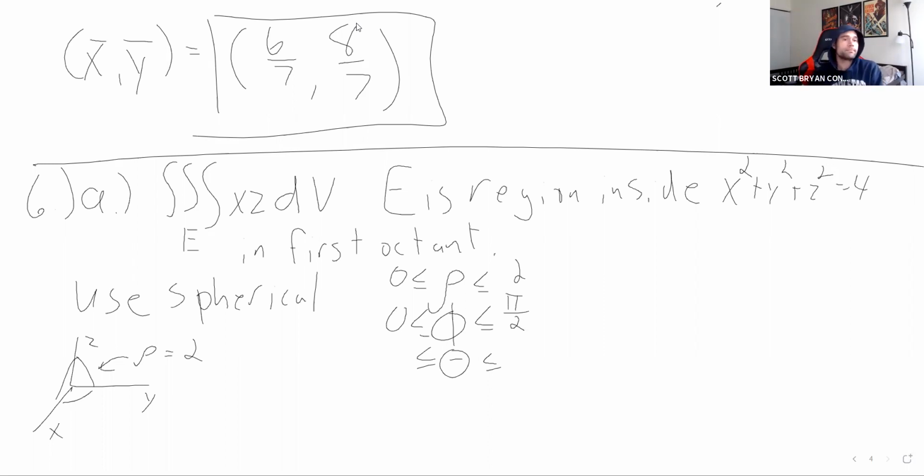And then how about theta? So we're going around the z-axis, starting on the positive x-axis. That's theta equals 0. We go counterclockwise until we hit the positive y-axis, which is theta equals pi over 2.